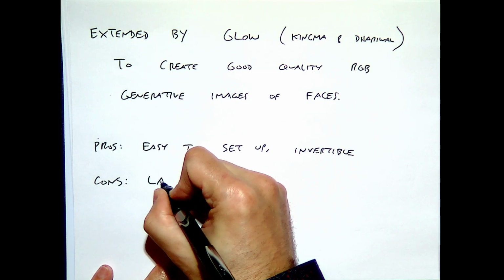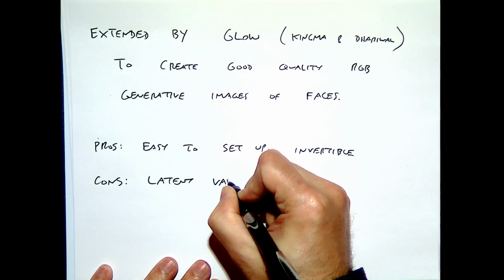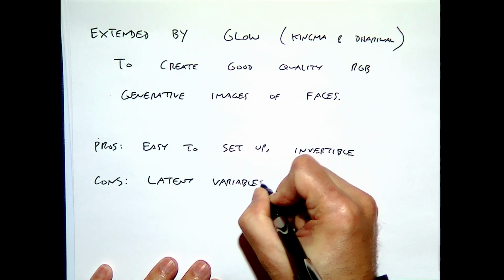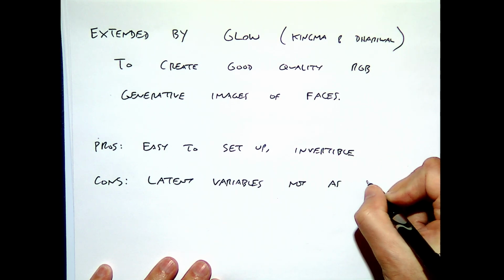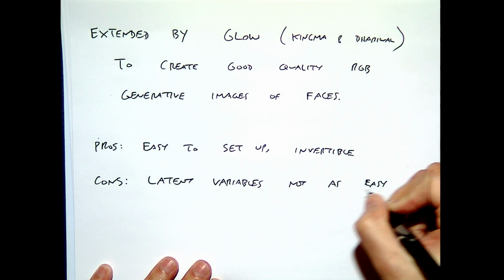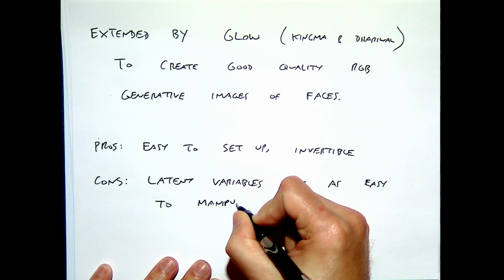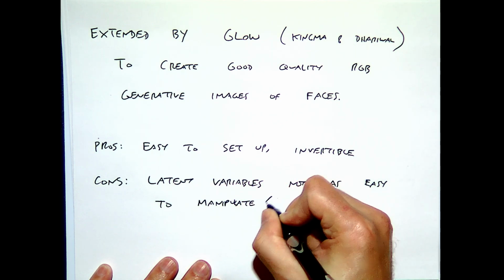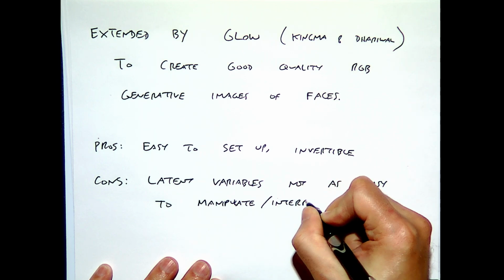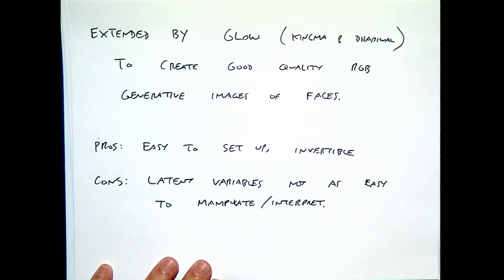So I would say that the latent variables are not as easy to manipulate or interpret. And at the same time, I would say that the image quality is not necessarily as good as you could get with a GAN, probably.